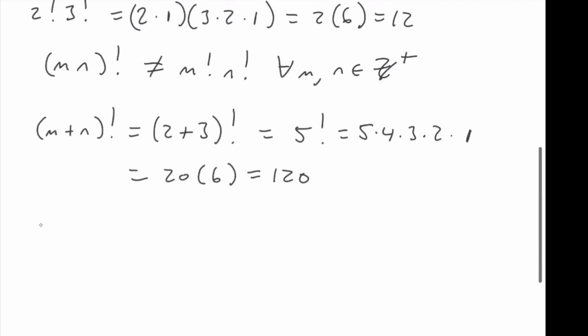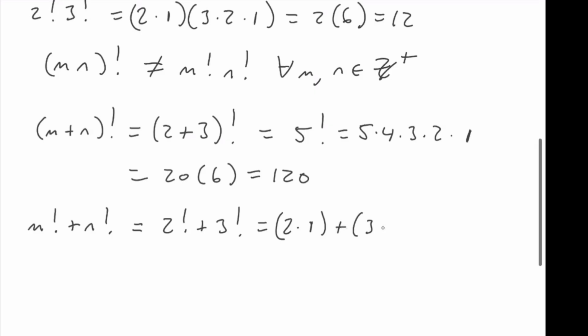Okay, so now m factorial plus n factorial is equal to 2 factorial plus 3 factorial, which is 2 times 1 plus 3 times 2 times 1, which is the same thing as 2 plus 6, which is 8.